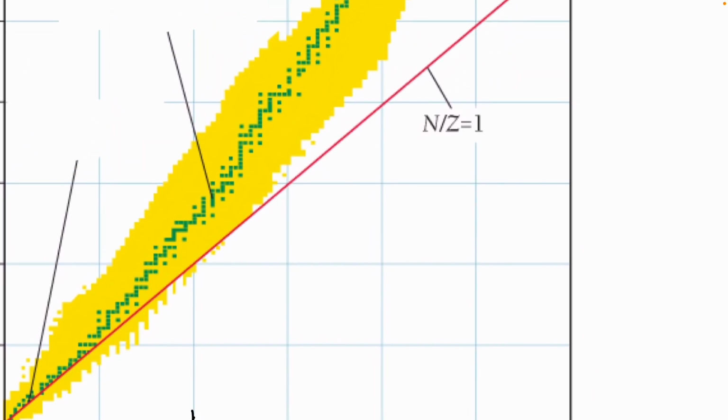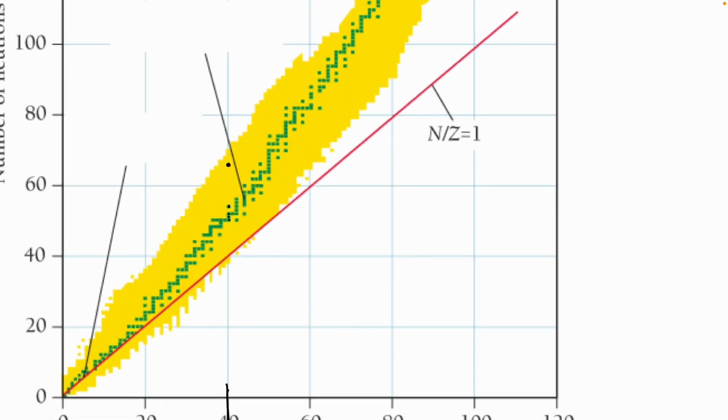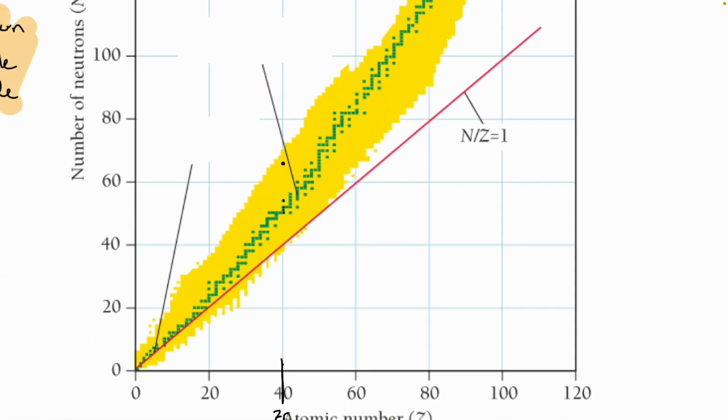Okay? So we got a few stable zirconium nuclides here. All right, but what if I'm up here? I'm still zirconium. I still have those 40 protons. But now I have too many what? Too many neutrons. Right? So this would be unstable, meaning that it's going to undergo a nuclear reaction until it gets to one of these more stable nuclides.